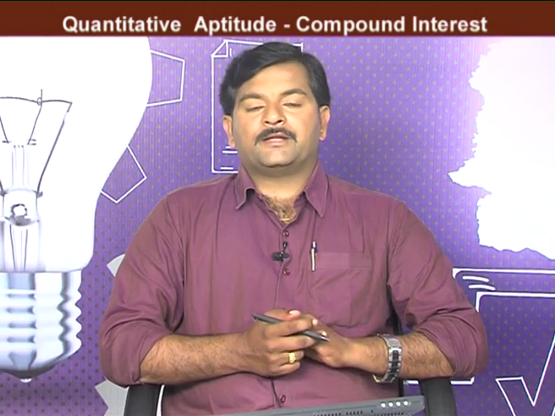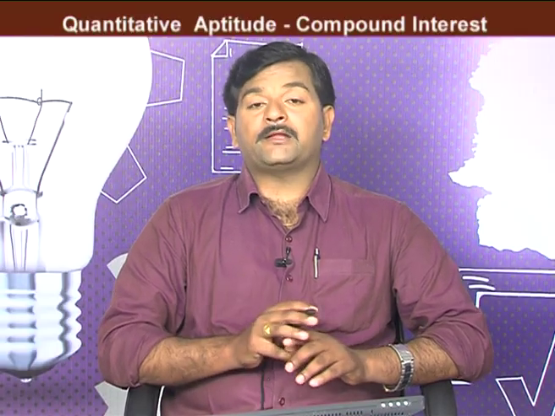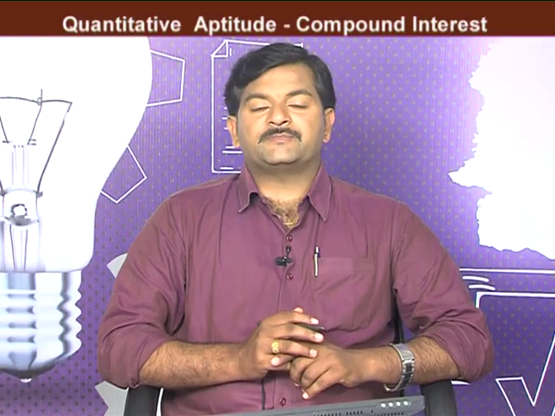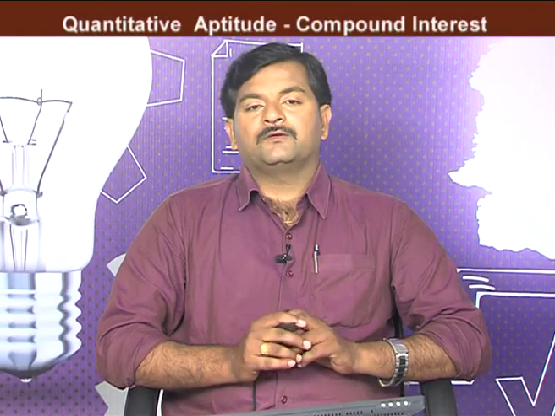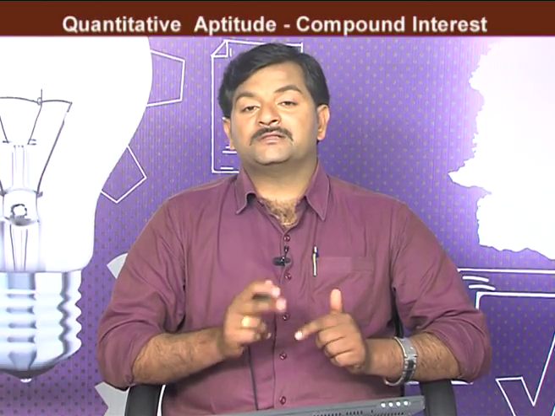Remember only one point here. Rate of interest given is 20%, that is yearly, but interest is being compounded quarterly. That's why we have to find out the rate of interest for quarterly. So yearly 20%, what about quarterly? 5%. In the 9 months, how many times does he have to pay the interest? 3 times.